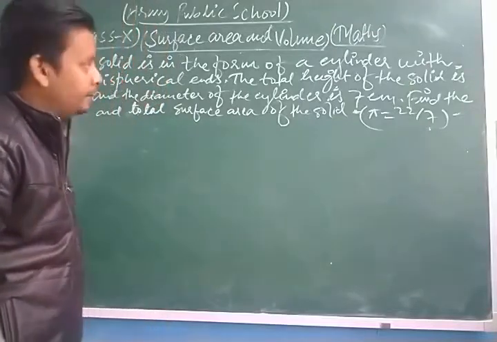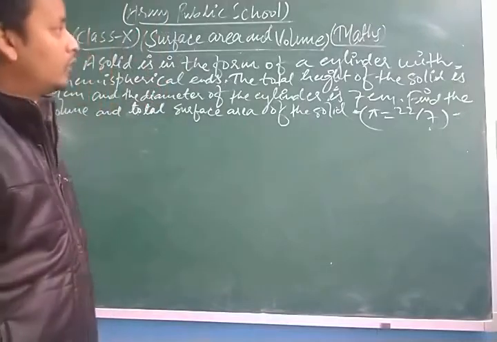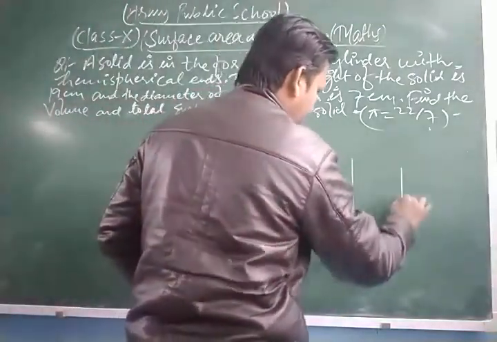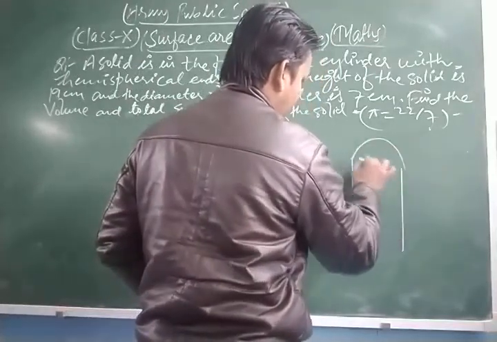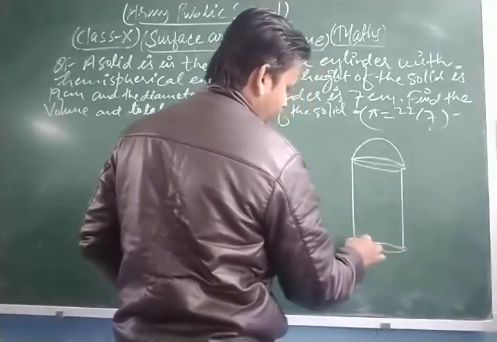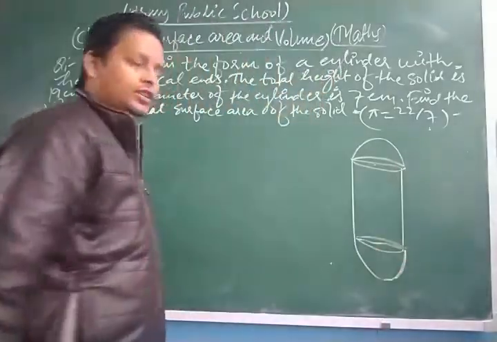Here a solid is in the form of a cylinder with hemispherical ends. So the shape of the solid is like this. This is the shape of the solid, dear friends, with hemispherical ends.